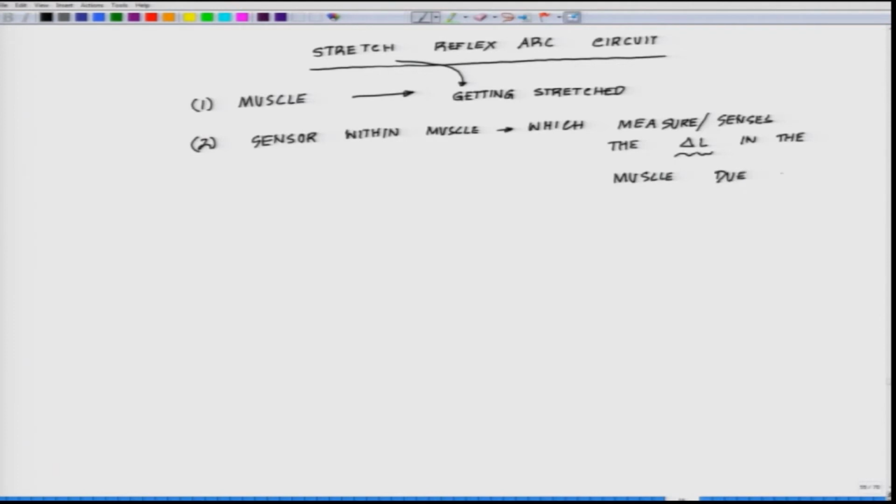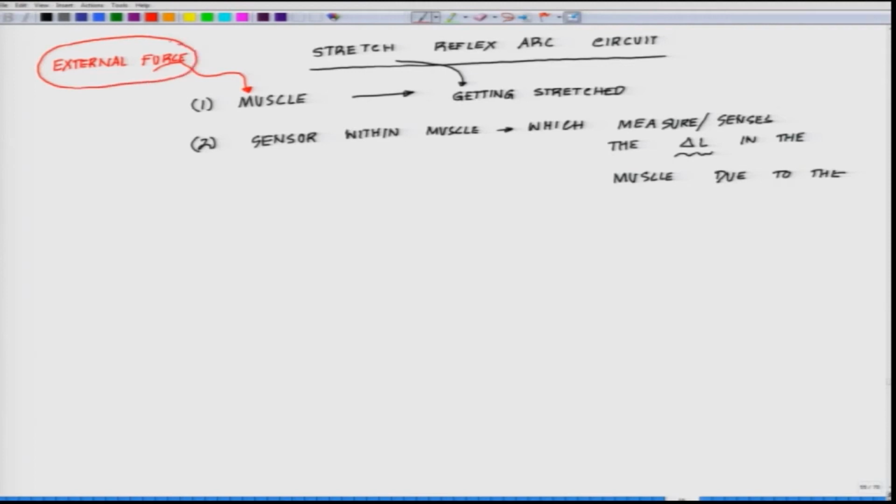due to the, oh, by the way, I forgot to mention something. There is an external force which is leading to the stretch, okay? External force, right?